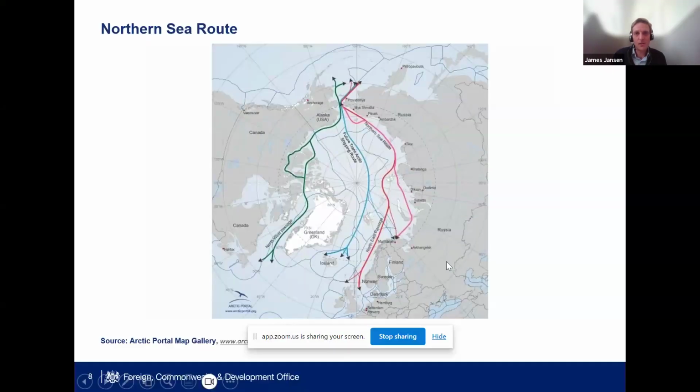So there are a couple of potential sea routes through the Arctic. On the left-hand side, you've got the Northwest Passage, a little bit more difficult to navigate, generally more ice filled. On the right-hand side, you've got the Northern Sea Route, which generally people talk about when they talk about retreating sea ice and a potential for navigable routes through the Arctic.